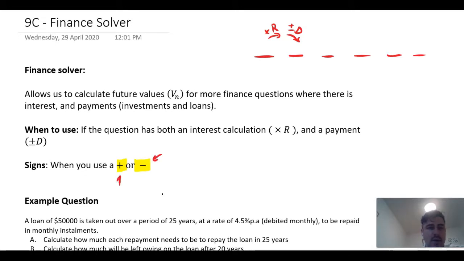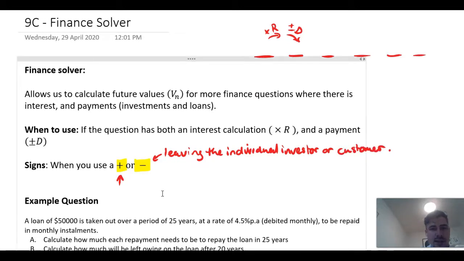If it's going to you, we use a positive sign. Okay, so minus is money leaving the individual, investor, or customer, and if you're getting a loan, plus is the money going to the customer.